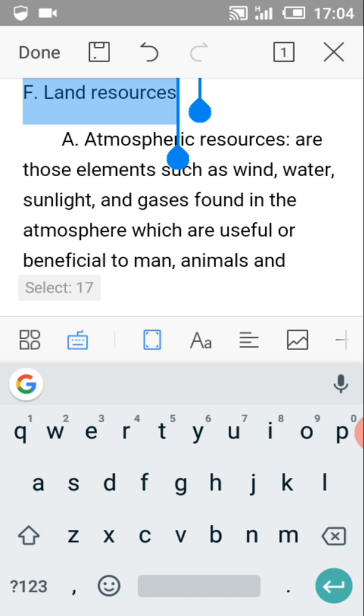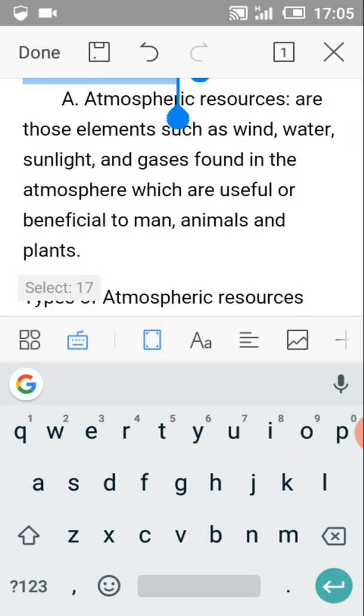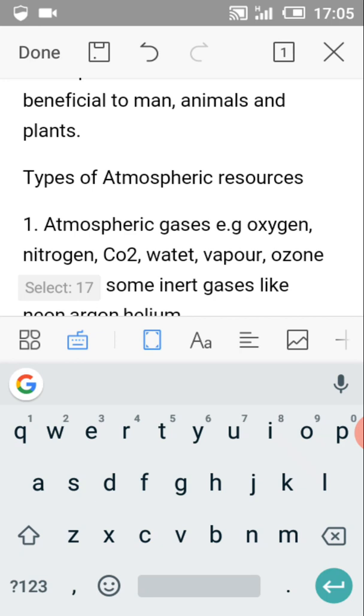Atmospheric resources are those elements such as wind, water, sunlight, and gases found in the atmosphere, which are useful or beneficial to man, animals, and plants.